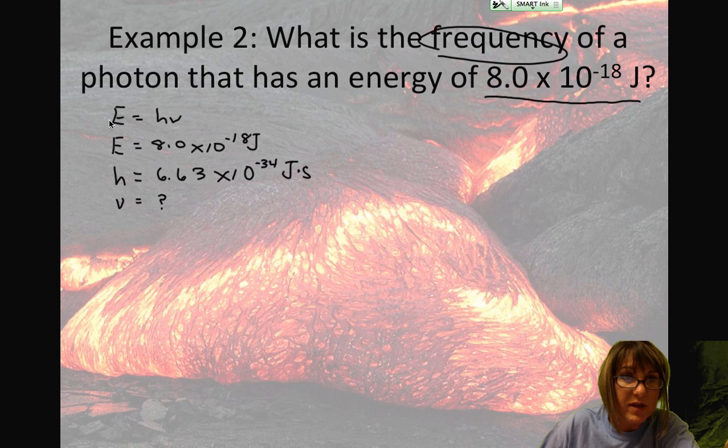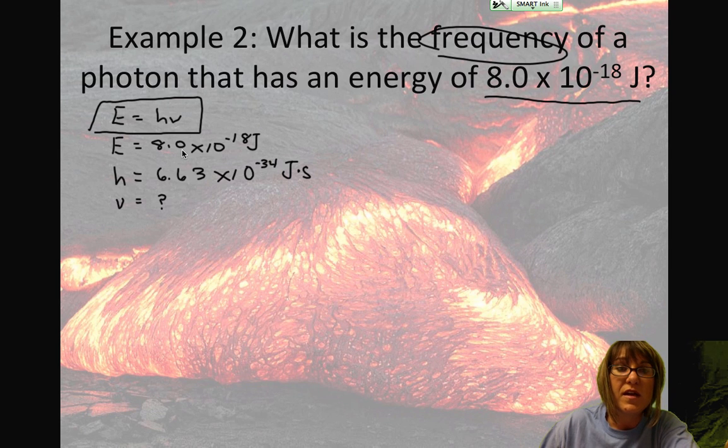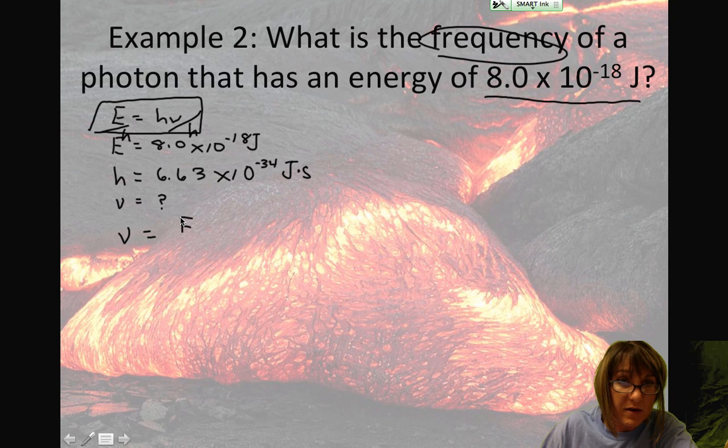So I'm going to take my equation here, and we're going to rearrange it so that I can get frequency by itself. h is multiplying nu, so to get nu all alone, I have to undo multiplication. Let's use division for that. So I divide both sides by Planck's constant, and I get the frequency is equal to energy divided by h, divided by Planck's constant, because these h's over here canceled away.